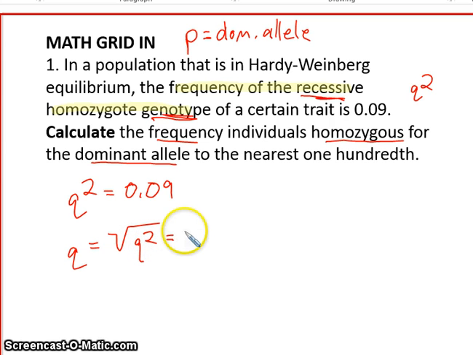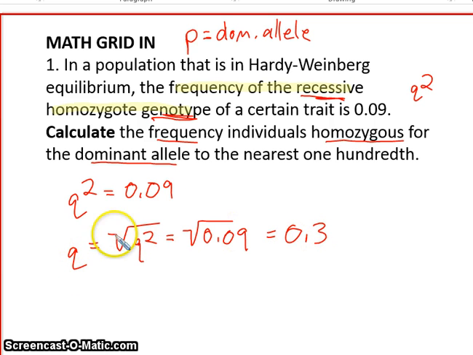So if I plug in that number, this would be the square root of 0.09. On the calculator, the square root of 0.09 is 0.3. So Q is equal to 0.3.